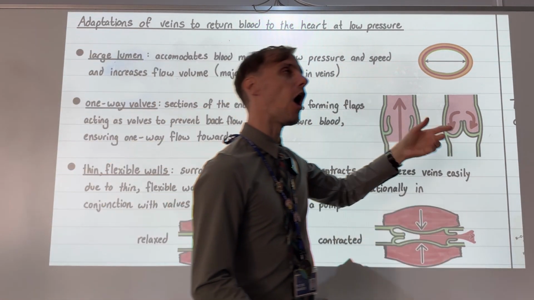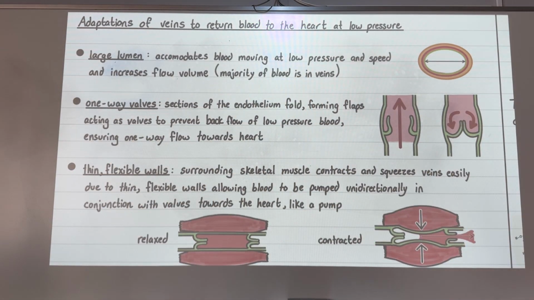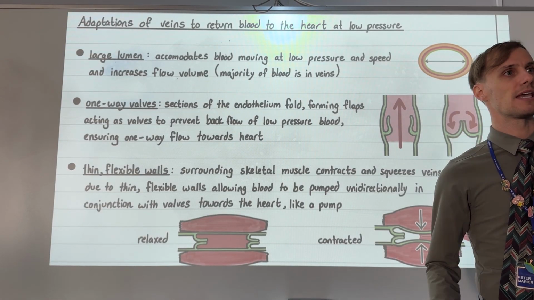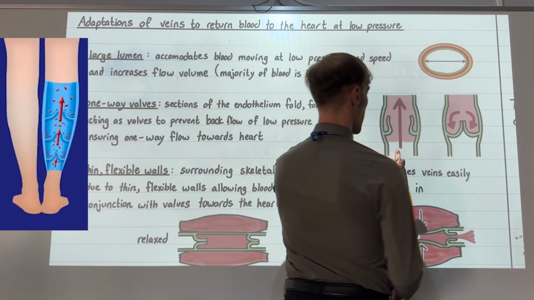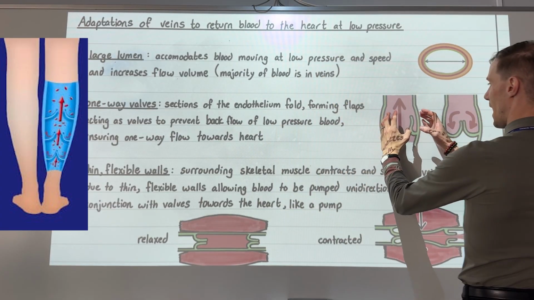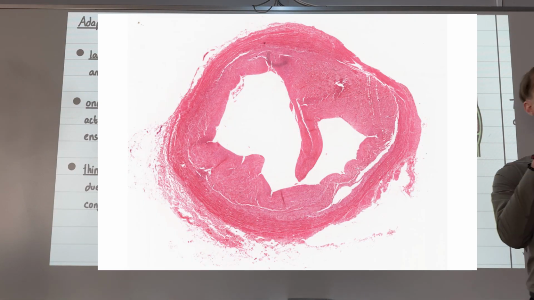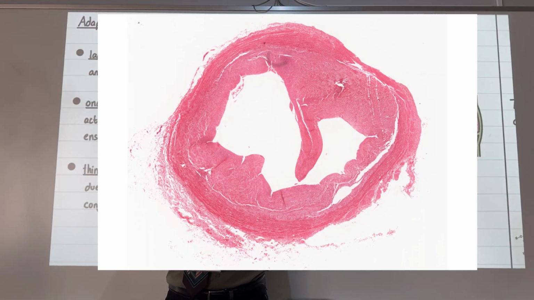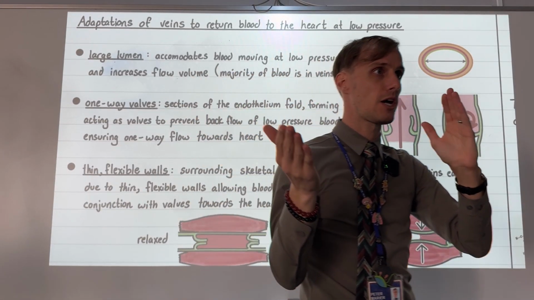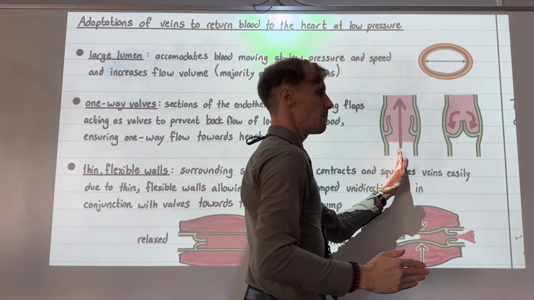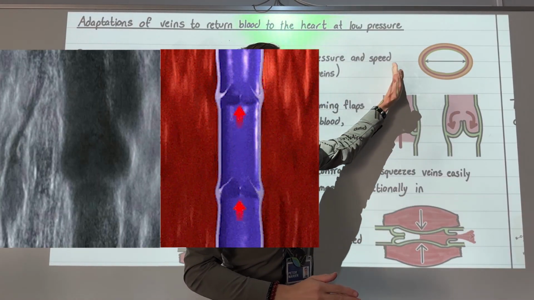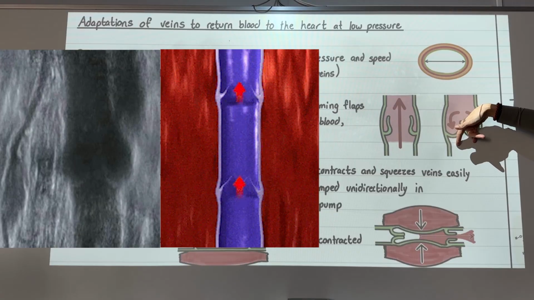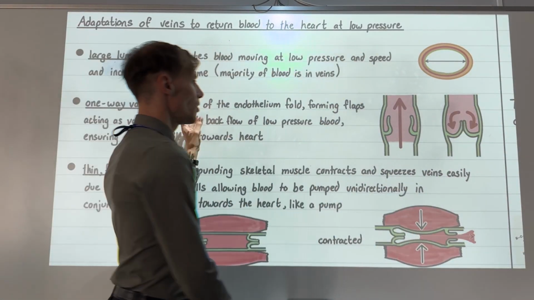In not all of your veins, but in many of them, especially those in your limbs, if you take a look at, let's say, your legs, throughout you actually have valves. And a one-way valve only allows flow in one direction. So when blood passes this valve, it will shut, preventing blood from going backwards.